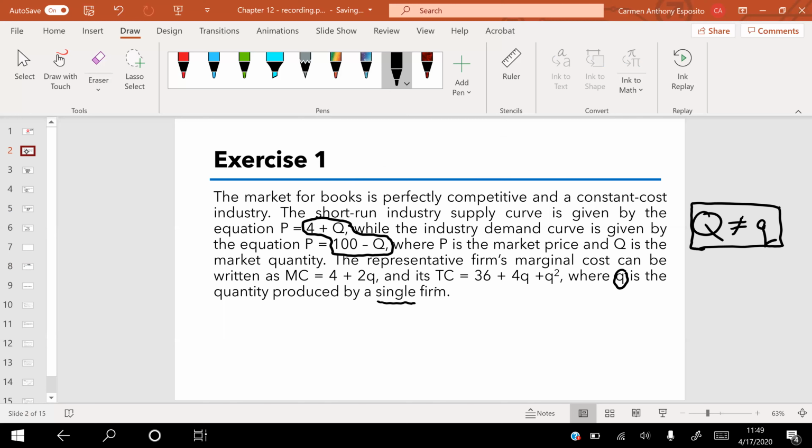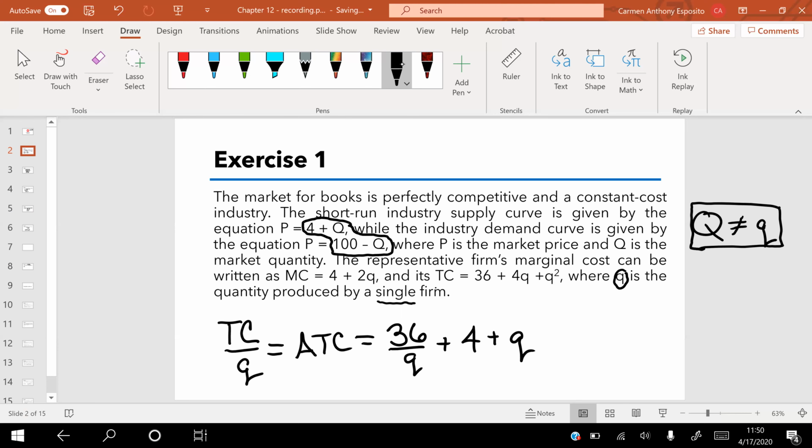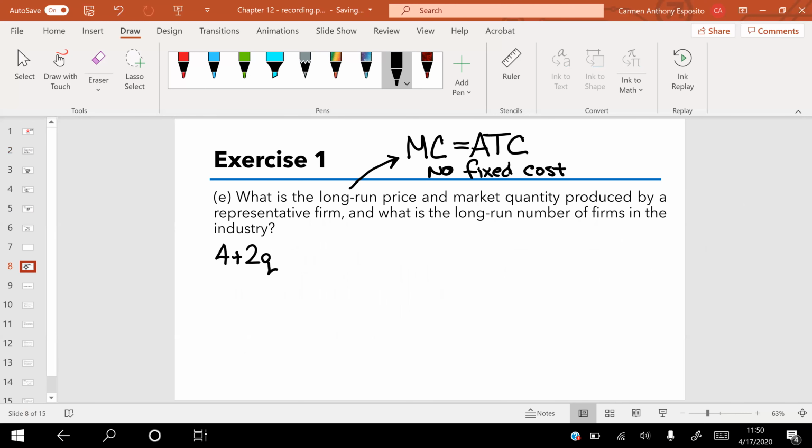How do I get average total cost? That's right. You take your total cost and divide by q. Sorry, this should be little q. And that gives you average total cost. And so that's equal to 36 over little q plus 4 plus q. Well, let's see what's happening here.